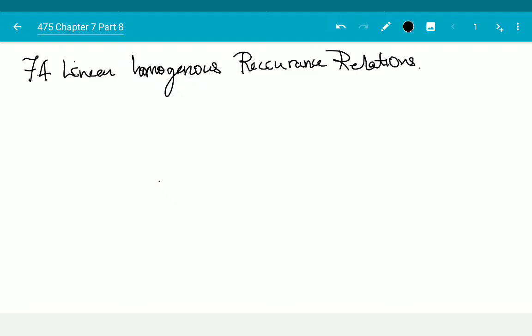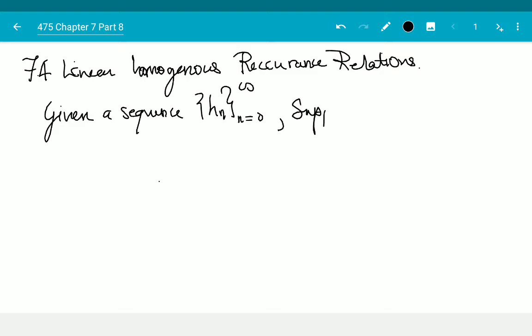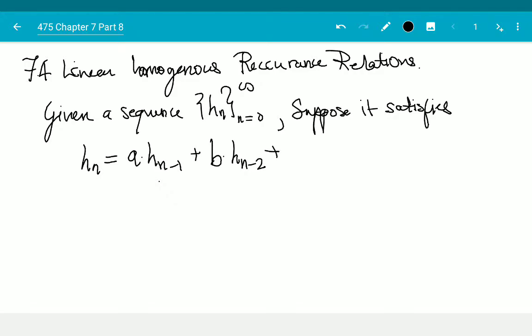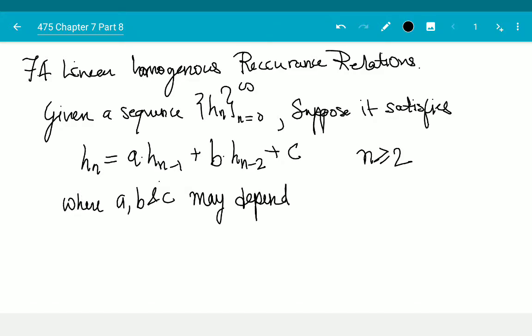What is a linear homogeneous recurrence relation? So given a sequence h_n, n equal to 0 to infinity, suppose it satisfies h of n is equal to a times h of n minus 1 plus b times h of n minus 2 plus c, where a, b, and c may depend on n.